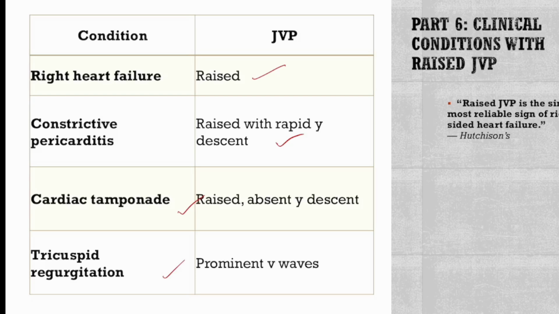So I have previously told you JVP is always pulsatile. The exception is superior vena cava obstruction, or when the height of the JVP is too high, then again the upper level of the JVP may not be visible. So one of the important points of JVP is that JVP has a definite upper level.